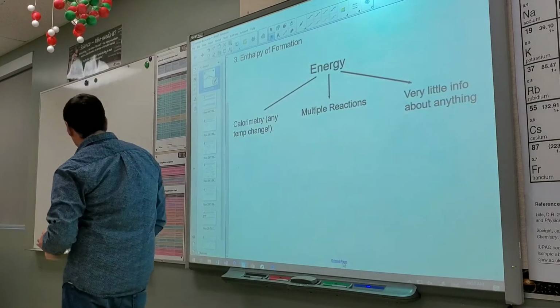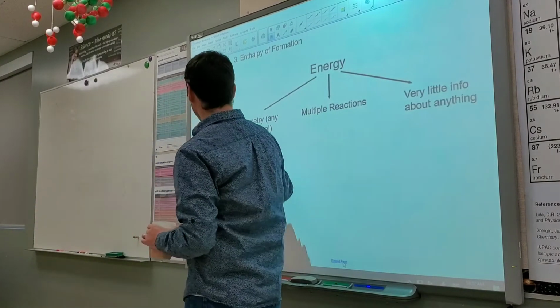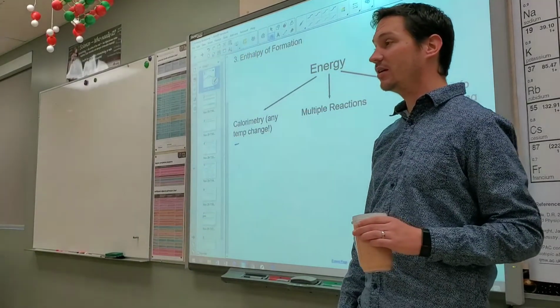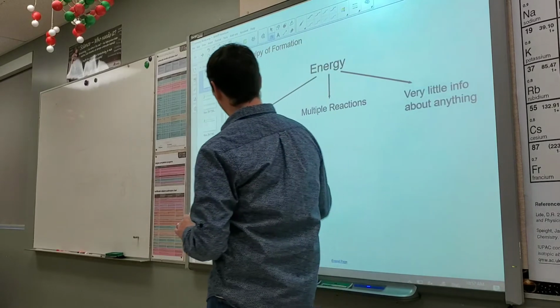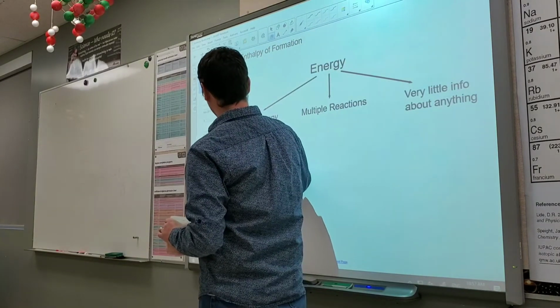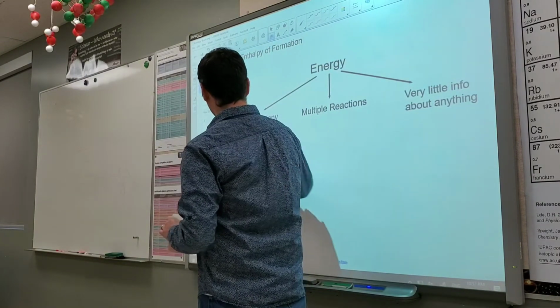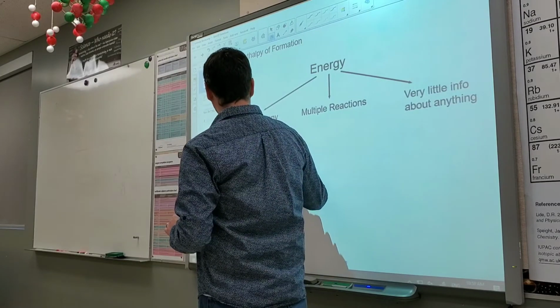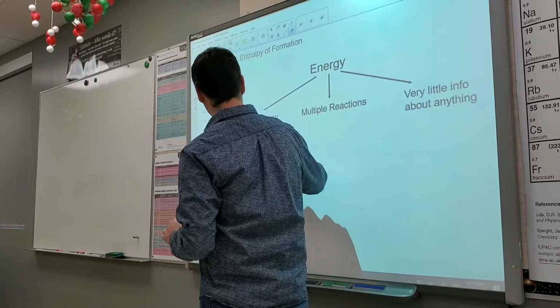Unit analysis? Yeah, we're going to be using unit analysis. And in order for us to use the unit analysis, we need the SHC, the specific heat capacity.